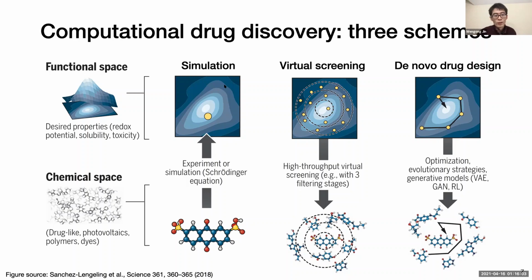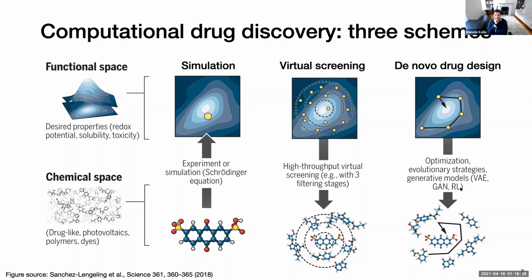I think what I want is actually the arrows pointing from the bottom to the top. Got it. No, I agree with you. That's right. I would have drawn them as well. Oh yeah, I missed this. Should have fixed that. But okay, sounds good. So the last one is the arrow pointing from the functional space to the chemical space. That I agree with. The third arrow I agree with.